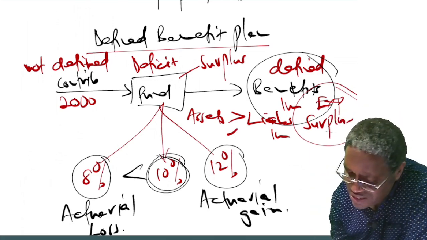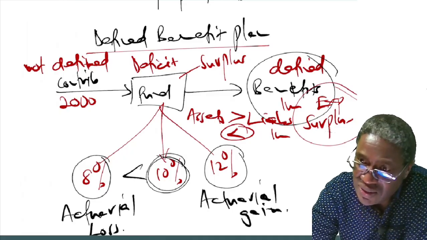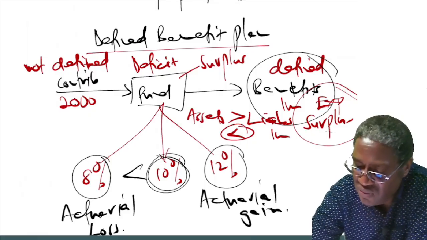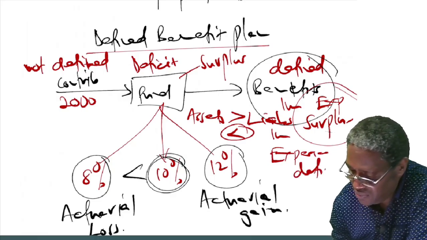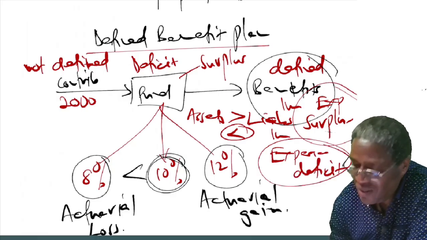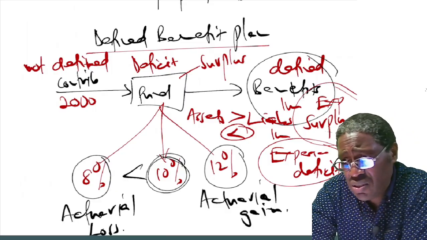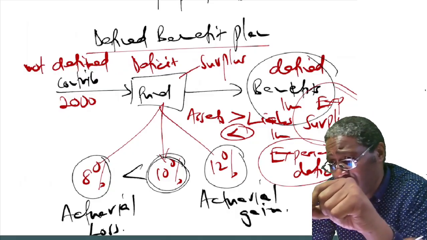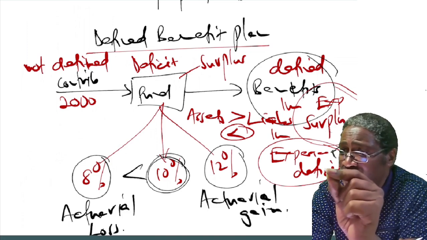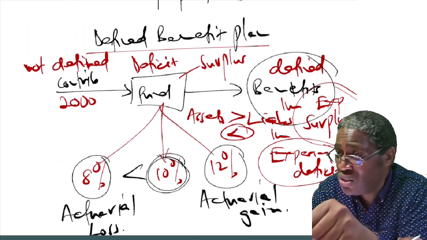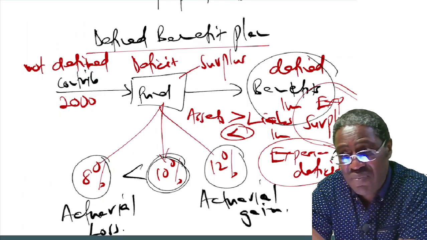But if the assets of the fund are less than the fund's liabilities, then the fund is said to have what we are calling an experience deficit. So in other words, an experience surplus occurs where the fund assets exceed the fund's liabilities, and an experience deficit occurs where the fund's assets are less than the fund's liabilities.